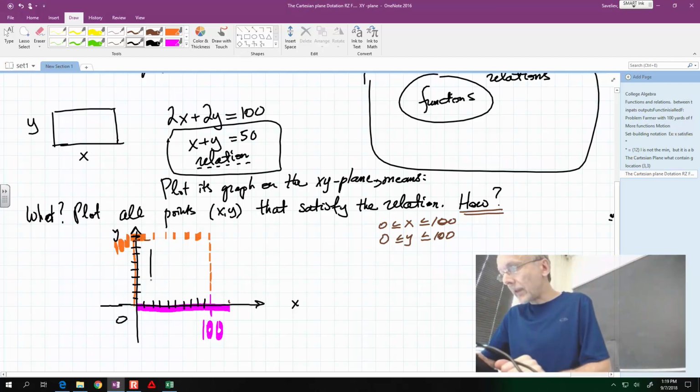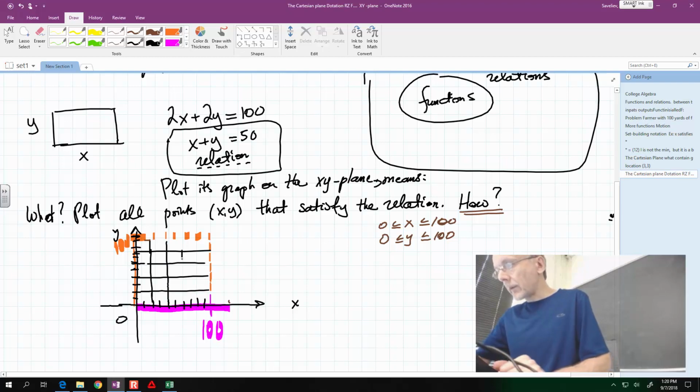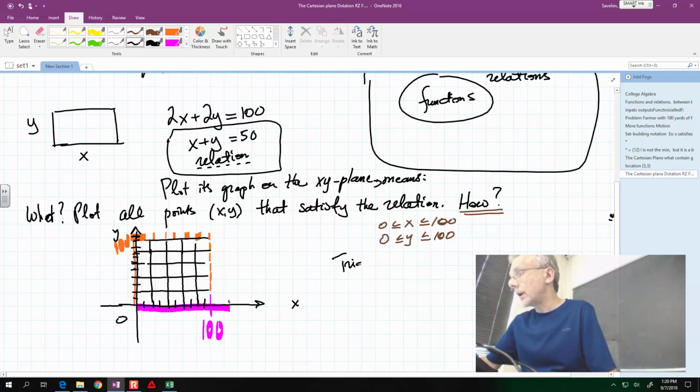But that's what we did exactly last time, and how it was done was entirely trial and error. So there are these points, in fact more than that, and we just go one at a time and ask ourselves, is the condition satisfied? So trial and error.